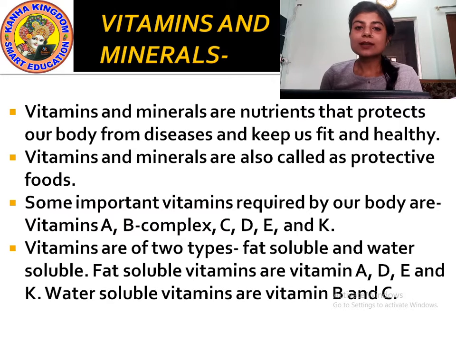What are the vitamins that we have in our food? There are different vitamins. Some vitamins that are important for our body are vitamin A, vitamin B complex, vitamin C, vitamin D, vitamin E and K. These are the vitamins needed by our body so that we stay fit and protected from different diseases.